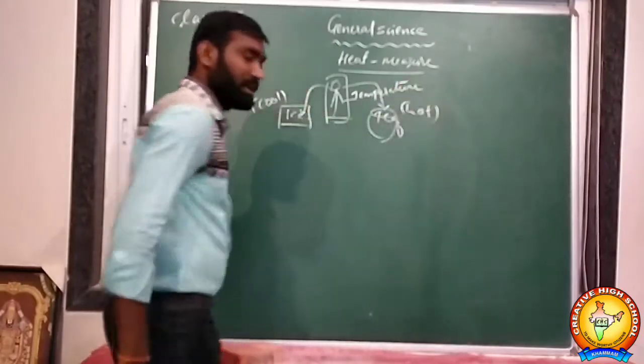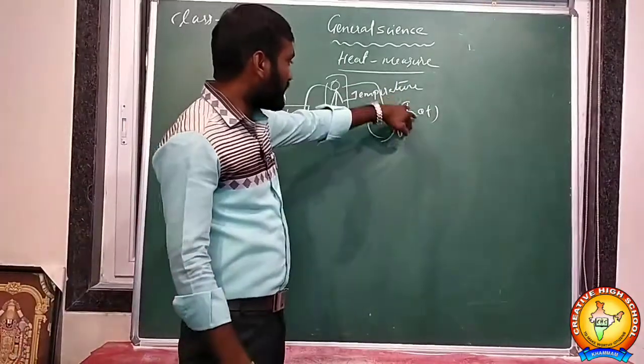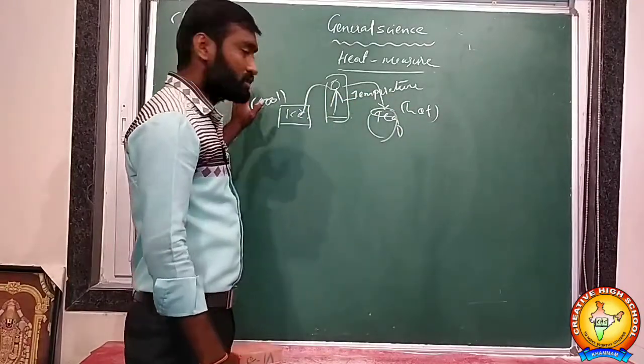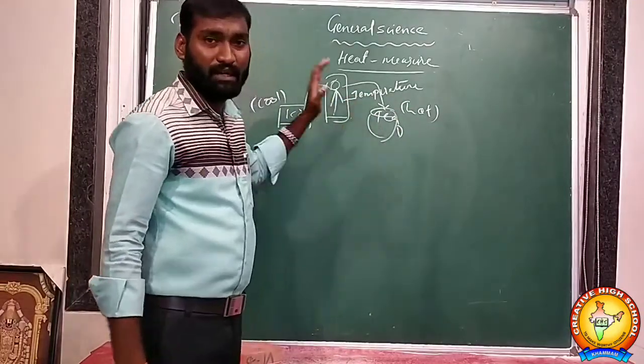If it is more than our body temperature it feels hot, and if it is less than our body temperature it feels cool. So cool and hot are judged by comparing temperature.